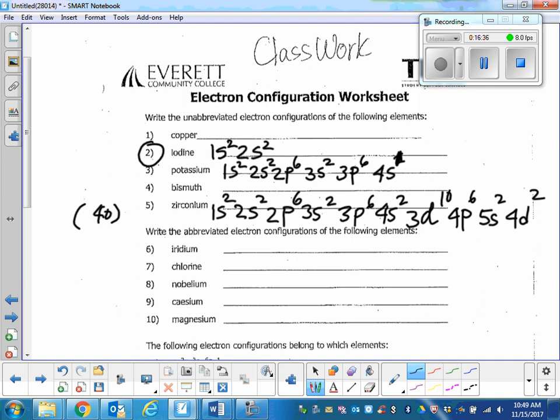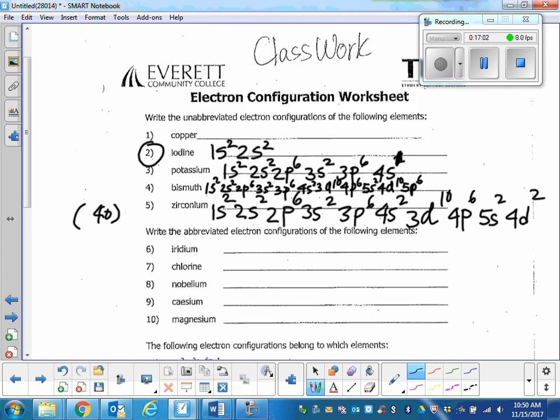Bismuth is 1s2, 2s2, 2p6, 3s2, 3p6, 4s2, 3d10, 4p6, 5s2, 4d10, 5p6. I'm going to stop at 5p6.